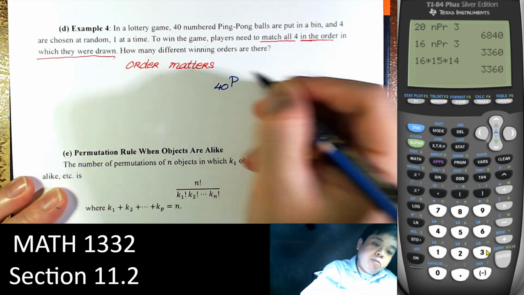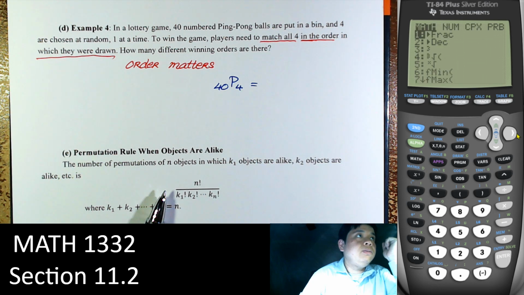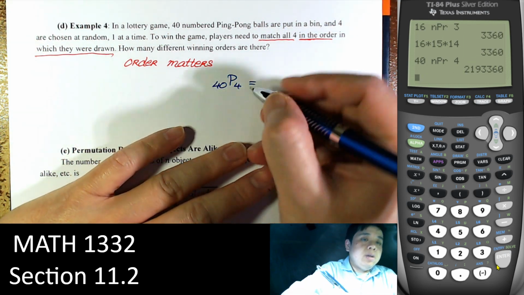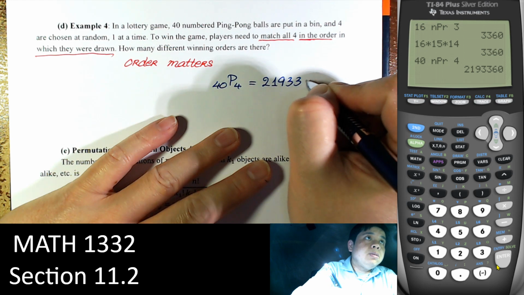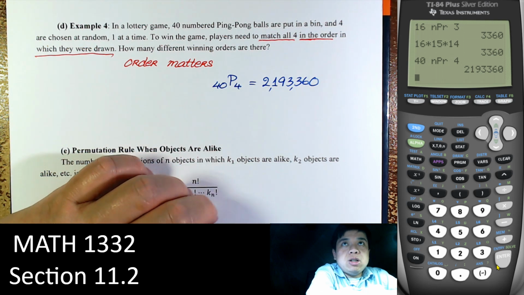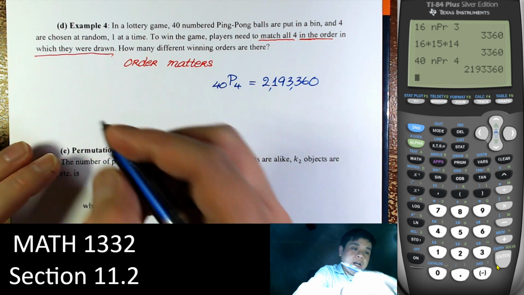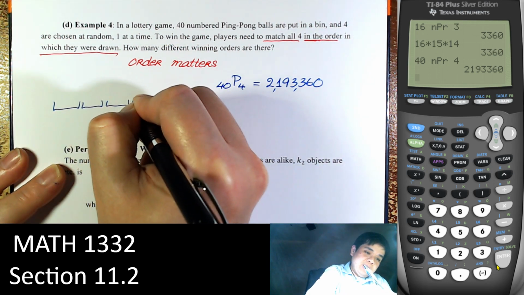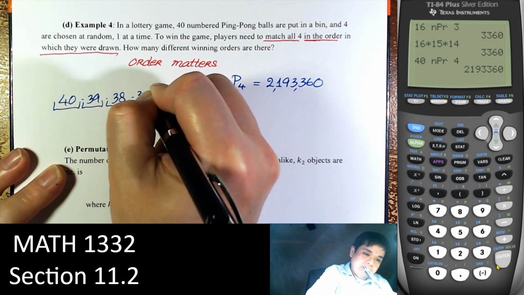Because order does matter, that's permutation. So 40P4. That gives us that much. Right, so that's over 2 million different orders. Of course, if you want to, you can also do the slots. The first one can have 40, next one 39, 38, then 37.